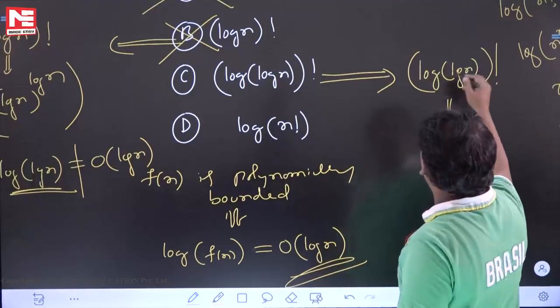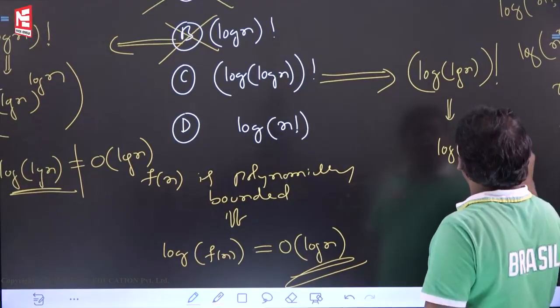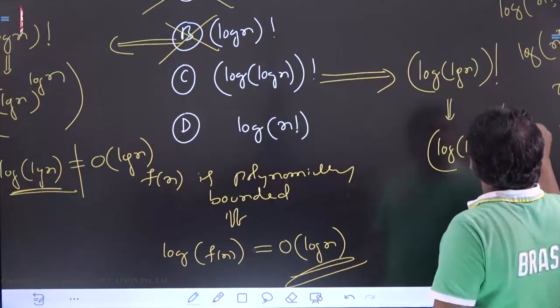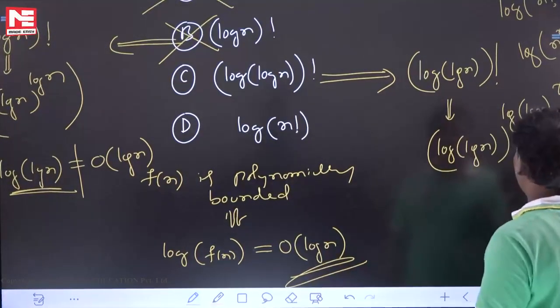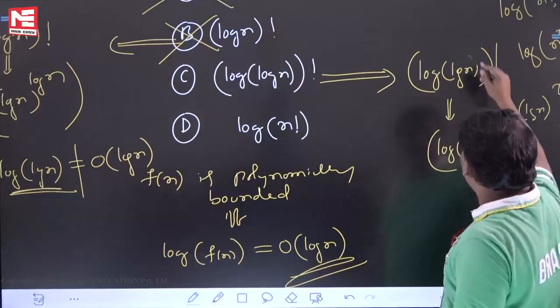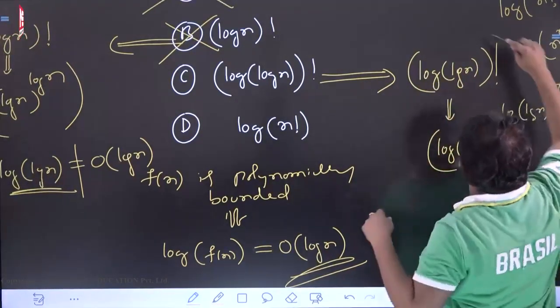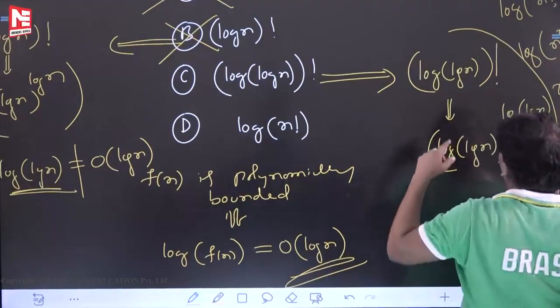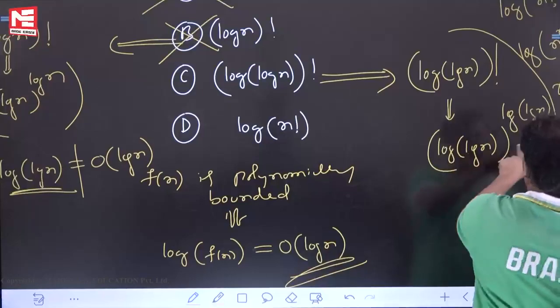Same way here, the closest upper bound is log of log n whole power log of log n. Whenever an expression is given and you are unable to do anything with it, just write the closest upper bound.